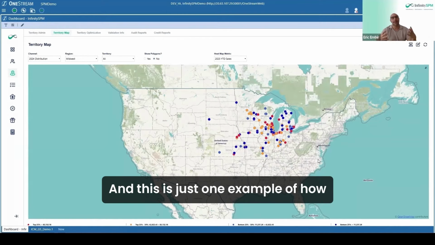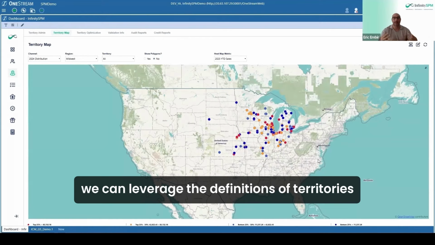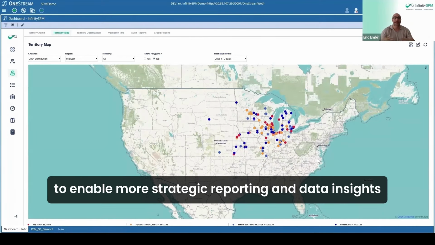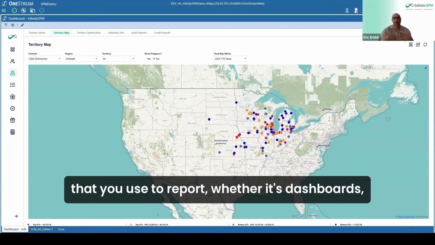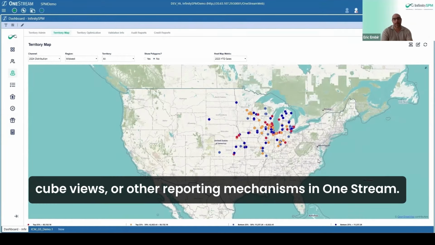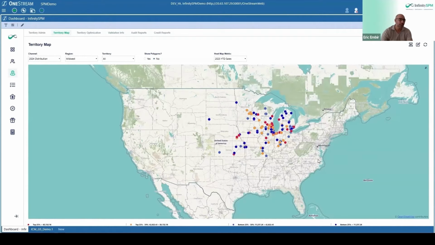And this is just one example of how we can leverage the definitions of territories to enable more strategic reporting and data insights alongside other traditional mechanisms that you use to report, whether it's dashboards, cube views, or other reporting mechanisms in OneStream.